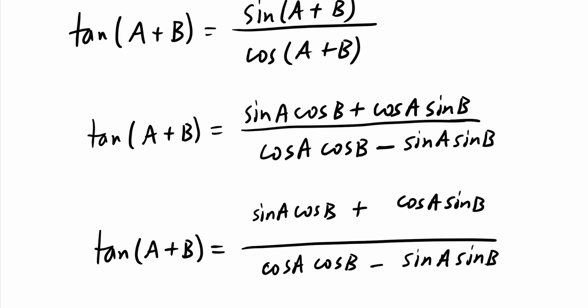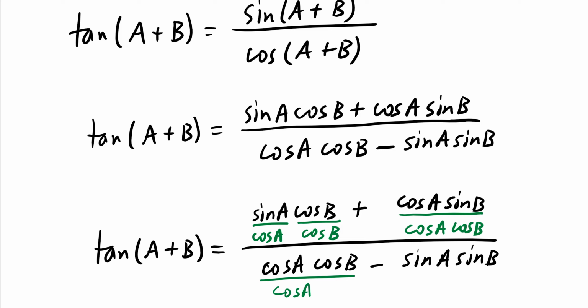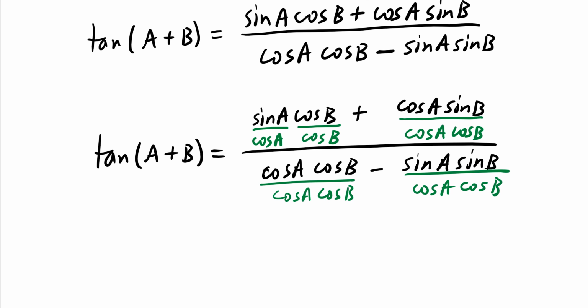So if I want to get everything in terms of tangent, I need a cosine A because sine over cosine is tangent. And what do I need with this? I need to get rid of it. So I divide by itself to make it 1. Since I divided that this way, I'm going to divide this the same way. And we do the same thing for each part in the denominator. So this way, we balance the fraction.